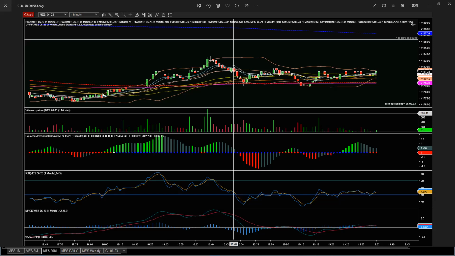The 50-50 cross can get you in earlier than the golden cross, the 50-100 cross. Just keep in mind that the 50-50 cross is not as strong as the golden cross. The golden cross is pretty much definite that the trend is changing.